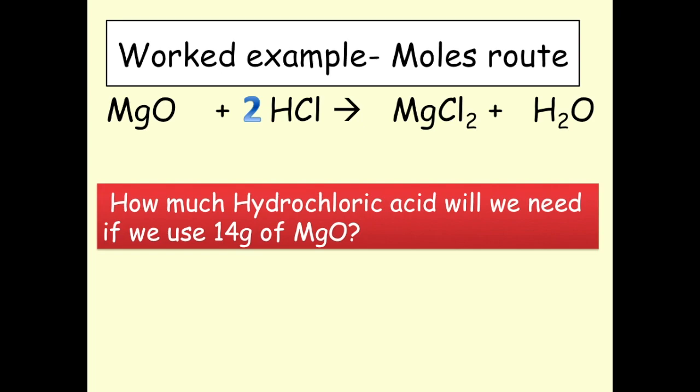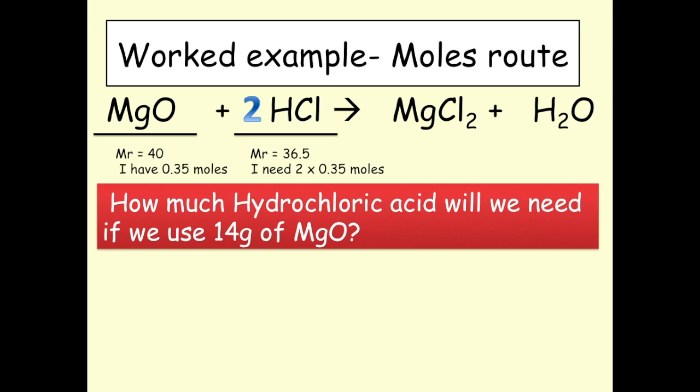And if you were going to do it this way, what you would need to do is look at how many moles you have got of MgO. Okay, and to do that, you just do 14 divided by the MR. When you do that, 14 divided by 40, you have 0.35 moles.